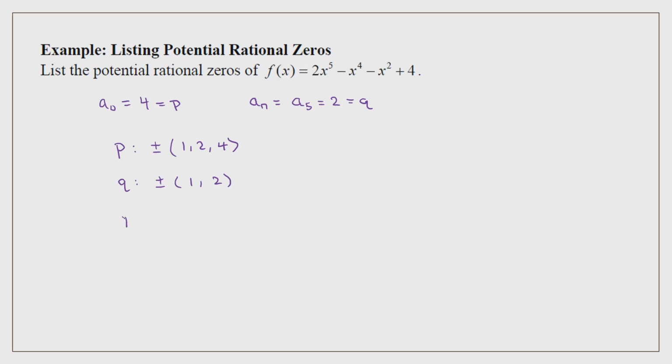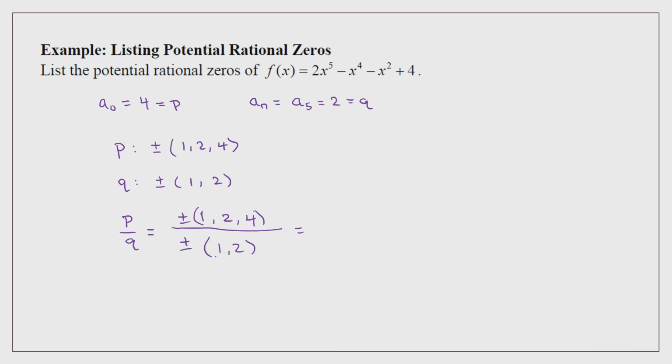So if I wanted to find p divided by q, I would take each factor of p and divide it by each factor of q. So I would have plus and minus 1, 2, and 4, and plus minus 1 and 2.